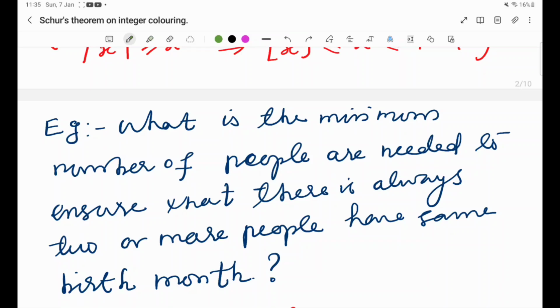What is the minimum number of people that I have to gather such that there always exist two people having the same birth month? Suppose November, two people having November as a birth month or something like that. I'm not talking about November particularly. What is the minimum number of people needed?